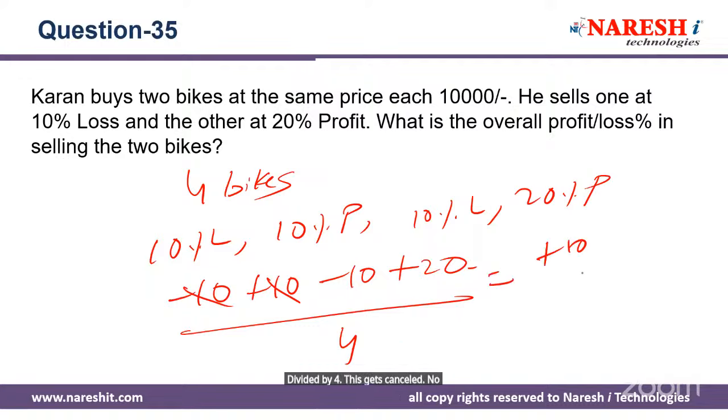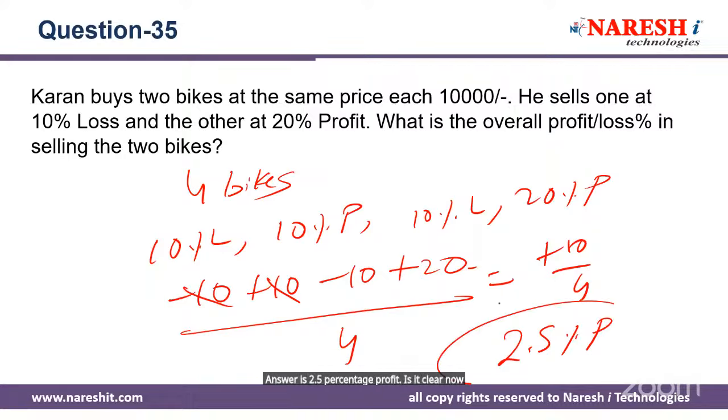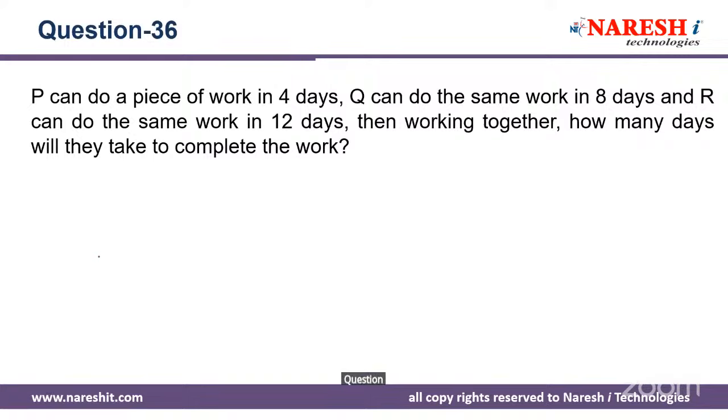Now plus 10 by 4, the answer is 2.5% profit. Is it clear now?